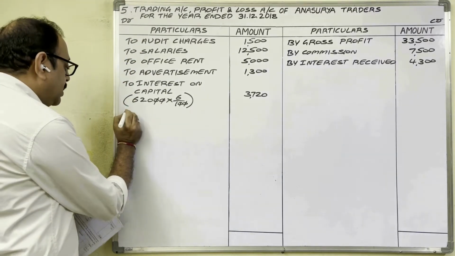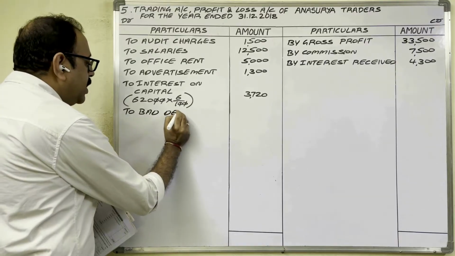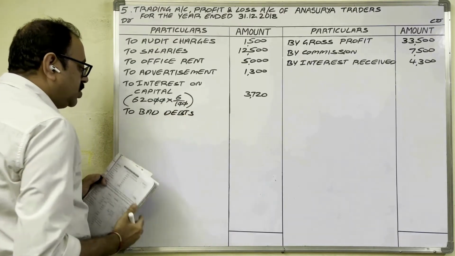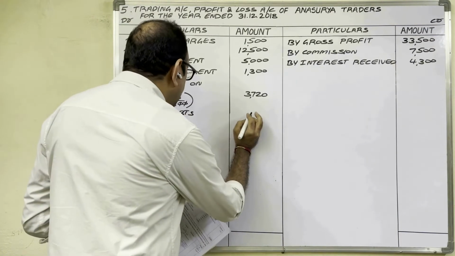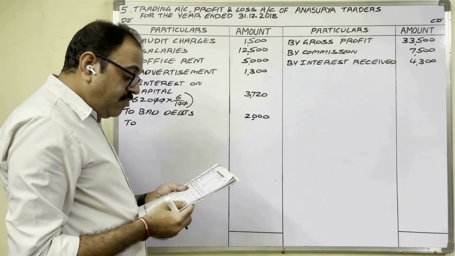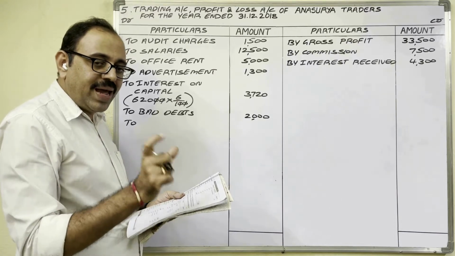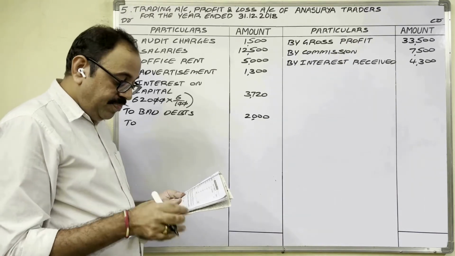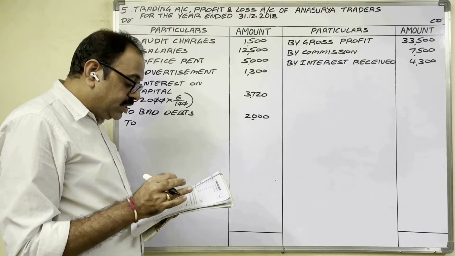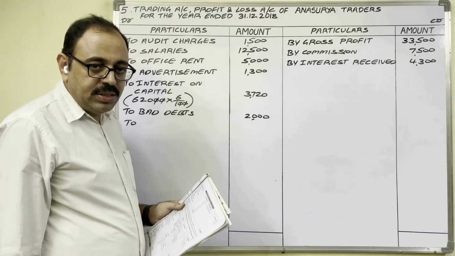First item, bad debts. No need to calculate the bad debts amount, as it is given in the question: 2,000 rupees. Next, write off 2,000 as bad debt and provide 5% reserve for doubtful debt. Write off means cancel. 2,000 we have to cancel from debtors as bad debt. Reserve for doubtful debt.